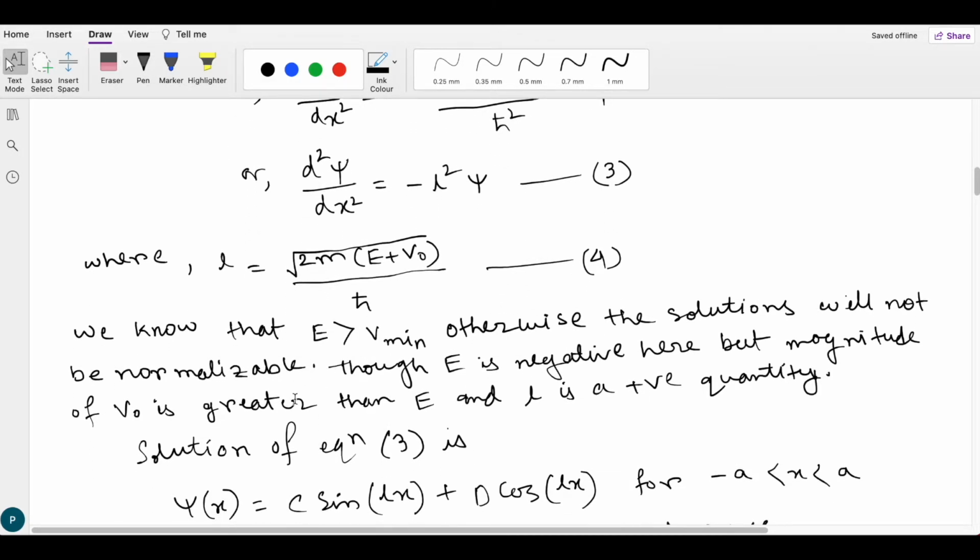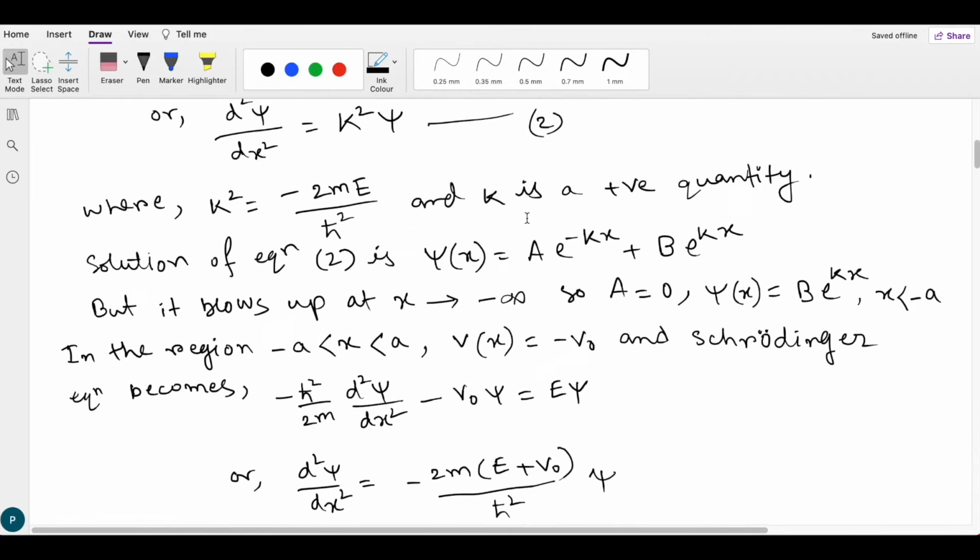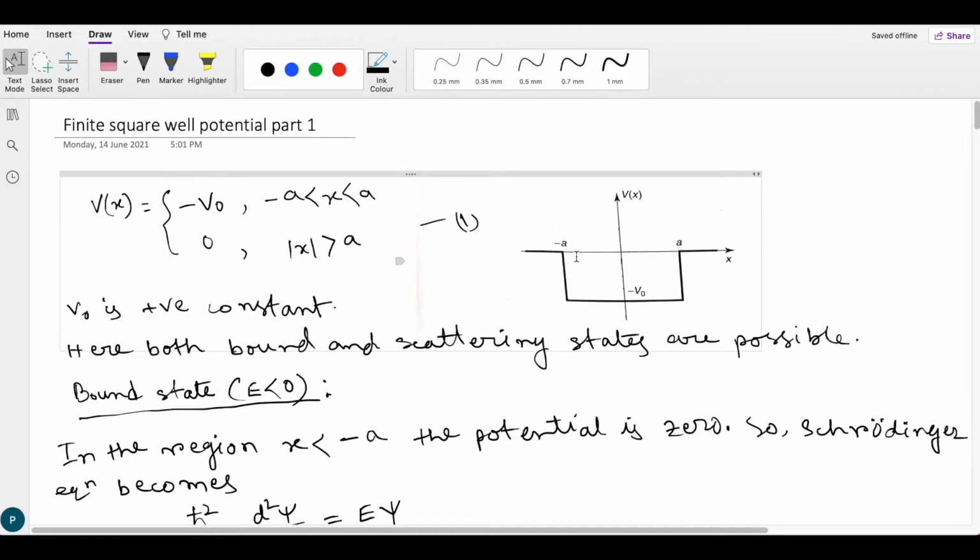And we know that E has to be greater than V minimum, otherwise the solution will not be normalizable. Though E is negative here, the magnitude of V naught is greater than E. We know that the energy lies somewhere in this region.